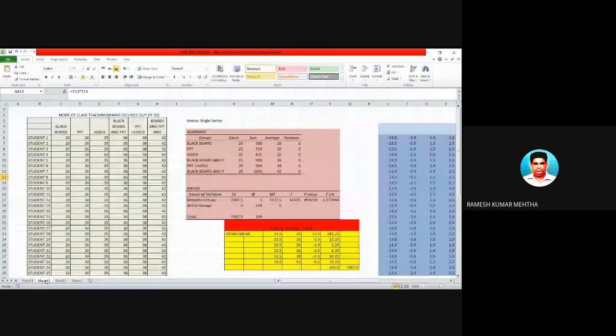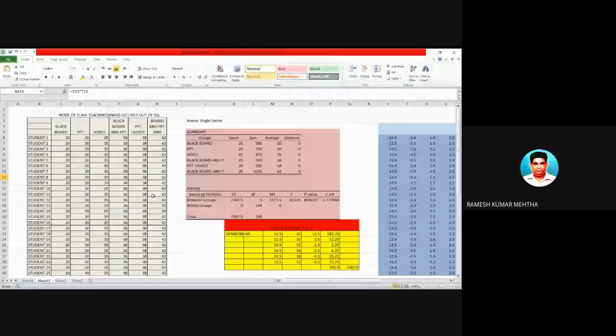So ANOVA is nothing but analysis of variance. So what do you mean by analysis of variance? Before I go into the theoretical part of ANOVA, let's take up a small numerical illustration or a situation and try to work out ANOVA, that is analysis of variance, on that particular numerical example.